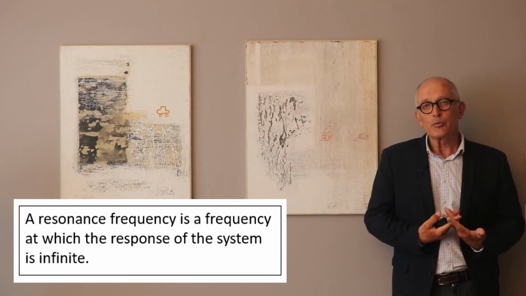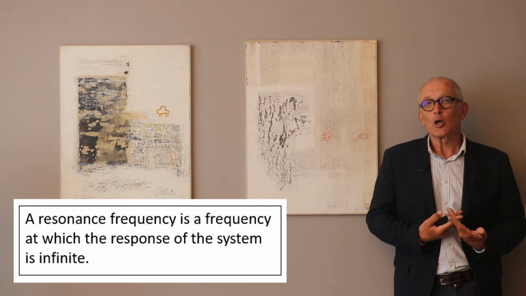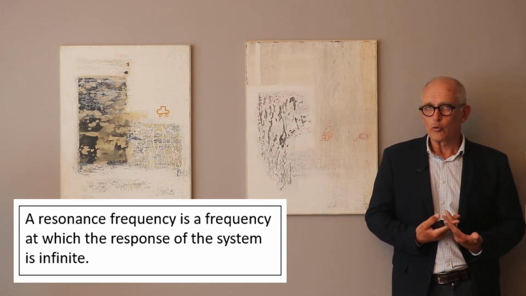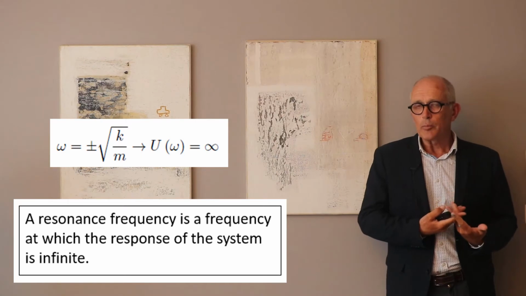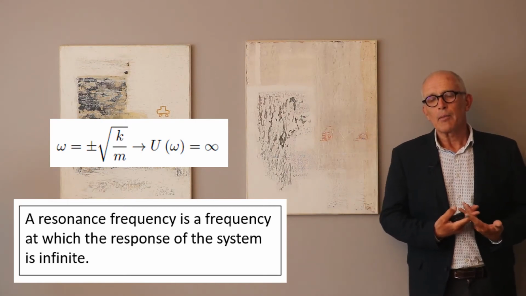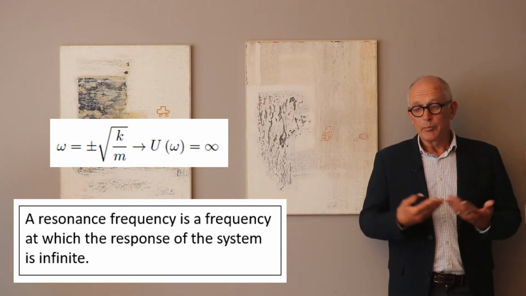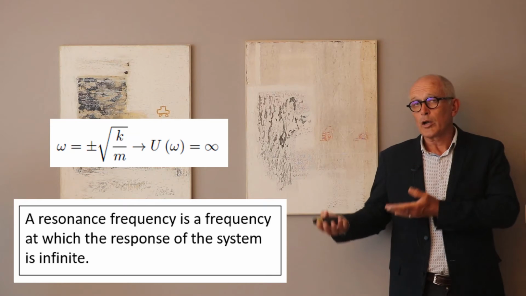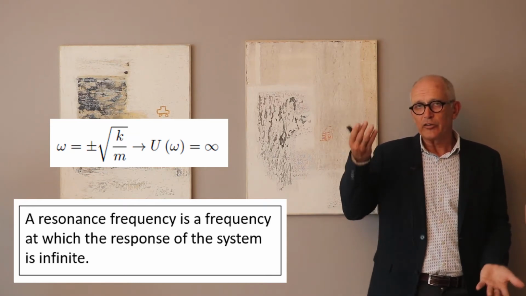And that gives us a first definition of resonance frequencies or resonance pulsations. A resonance frequency is a frequency at which the response of the system becomes infinite. Of course, we're talking about an undamped system. You see that omega can be equal to plus or minus square root of k over m. I will disregard that plus or minus sign because a system that vibrates at 100 Hertz or at minus 100 Hertz is exactly the same thing.